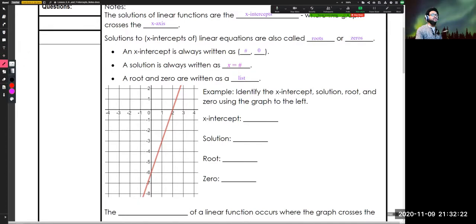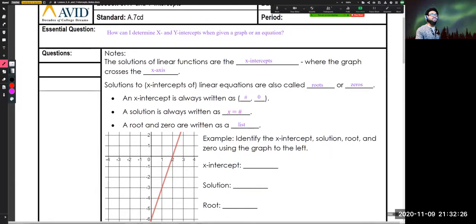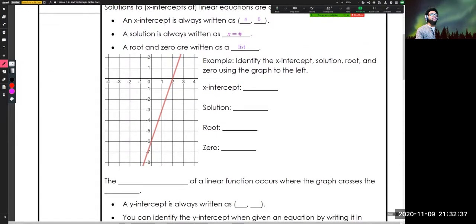So let's go ahead and find this. Look at this graph. When we're looking for x-intercepts, that's where the graph crosses the x-axis. In case you don't remember, my x-axis is the one that goes side to side.